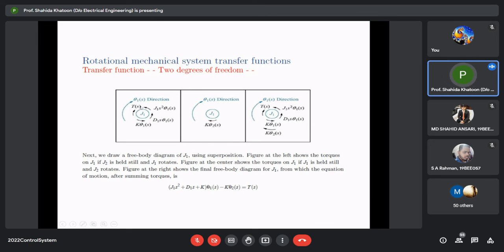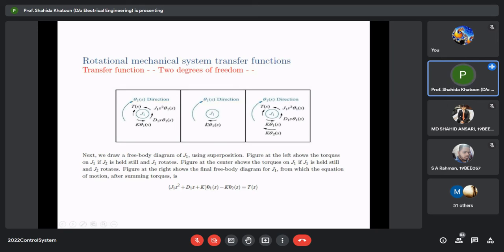So this is basically J1, rotating in this direction with J1 s square theta 1s, D1 s theta 1s and K theta 1s, right? And the positive direction of motion of theta 1 is taken in this direction.